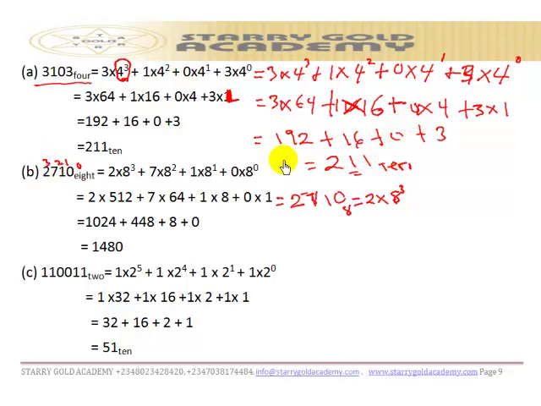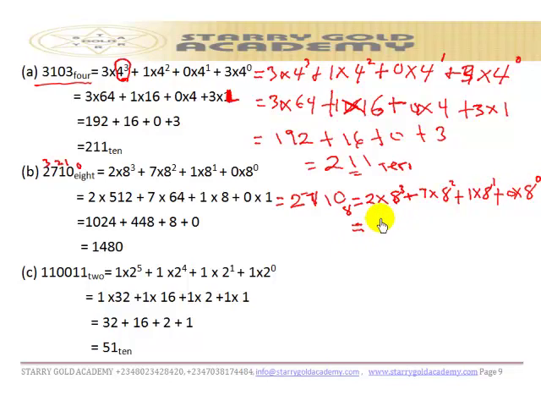So 2 times 8, your base, raised power 3, plus 7 times your base, raised power 2, plus 1 times your base, raised power 1, plus 0 times your base, raised power 0.